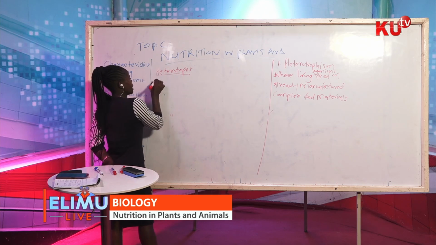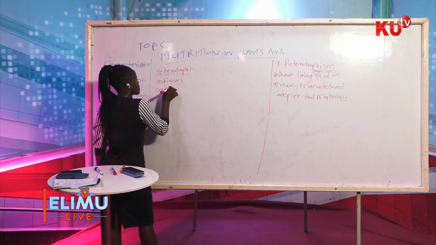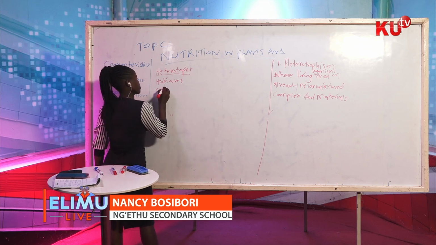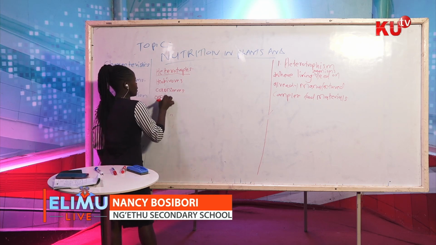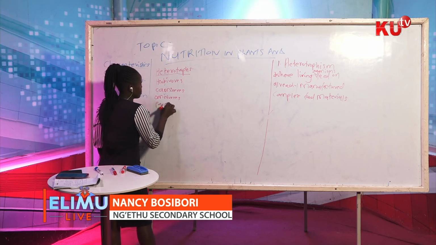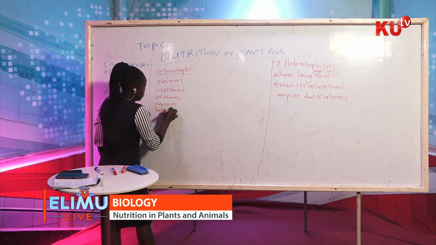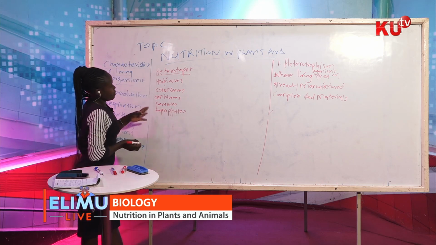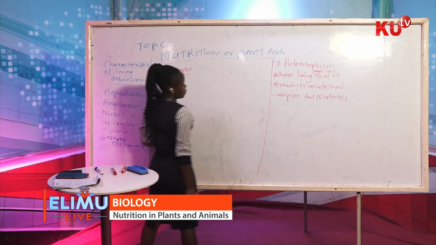These organisms can be herbivorous, carnivorous, omnivorous, they can also be parasites, and lastly they can also be saprophytes. So these are the examples of organisms that exhibit this kind of mode of nutrition.